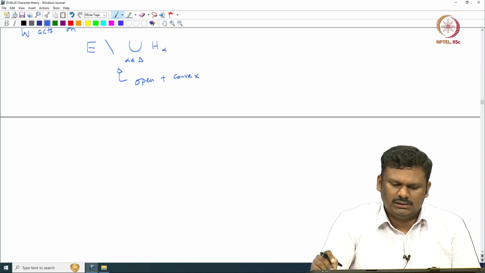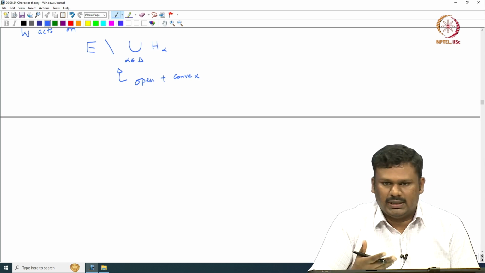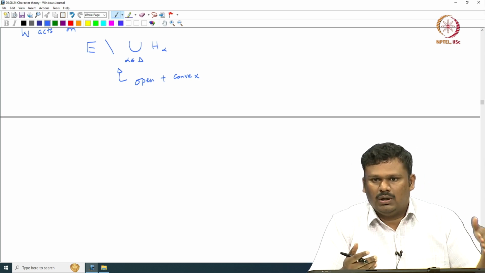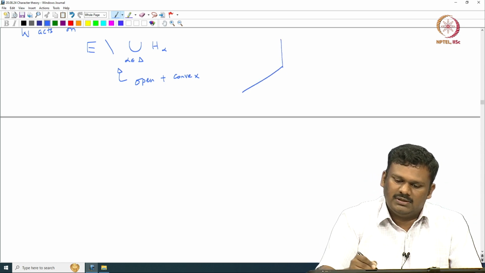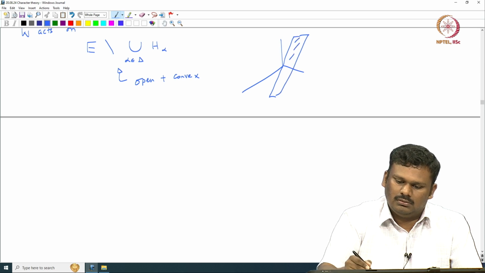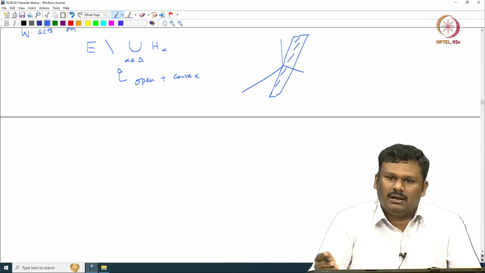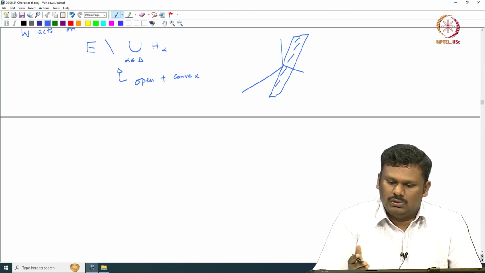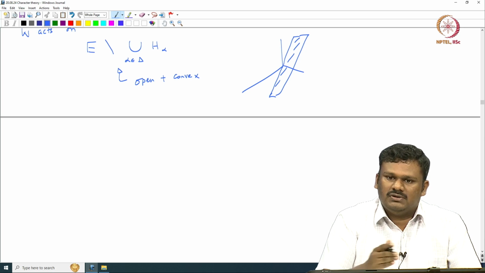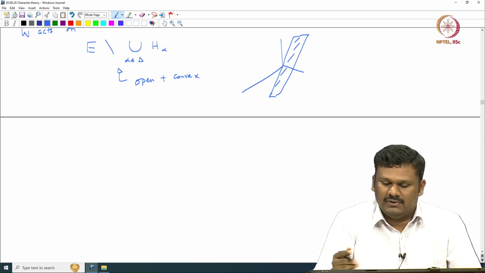Now we can look at these open convex sets. It may not be connected, it is actually not connected, because every time you are removing a hyperplane. Whenever you remove a hyperplane from the space, let us say some hyperplane passing here, then the space will become two parts. We can talk about the positive side and negative side, defined with respect to alpha.